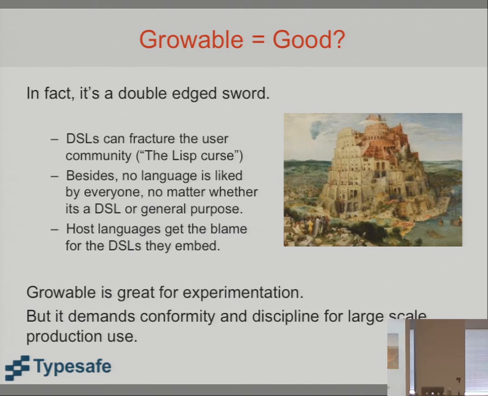So some of the fights we have in the Scala community is that some people like the domain-specific language Scalaz, to pick one, much better than other people. So they disagree about the usefulness of Scalaz, and that's of course a disagreement that you can have. You can disagree about every language that you discuss here. Okay, so growable is great for experimentation, for growing initially, but there are challenges for large-scale production use, and you have to use a lot of conformity and discipline for that.